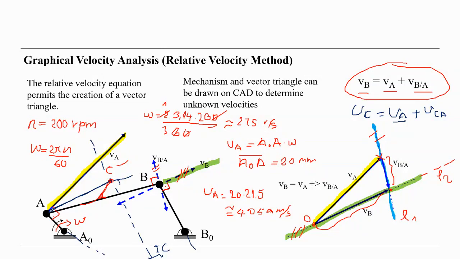So this line is the direction of the velocity of C.